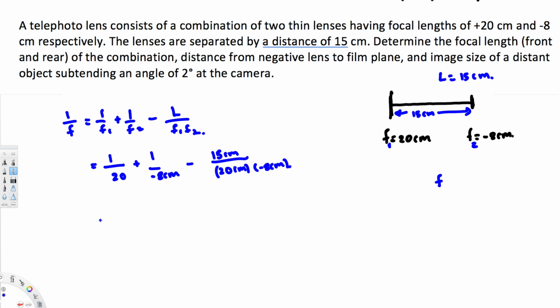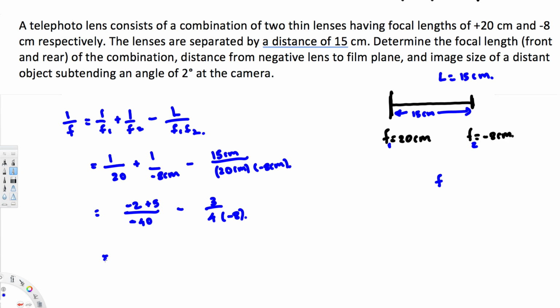Now let's try to simplify this one. Here we can take 40 as the common denominator. If I take negative 40 as common denominator, this becomes negative 2 and this becomes positive 5. Here we can simplify this one, 3 over 4, and this is going to be negative 8.